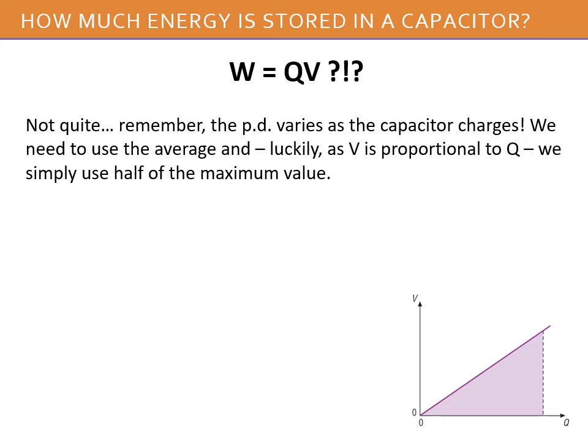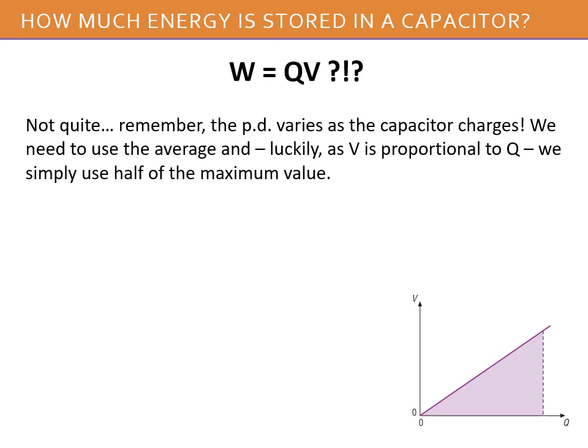The potential difference always varies as the capacitor charges. As I told you at the start, if you keep on charging, it becomes harder and harder. So the potential difference keeps changing.